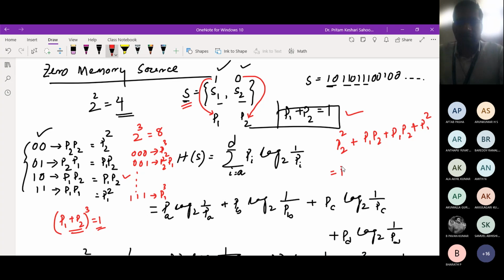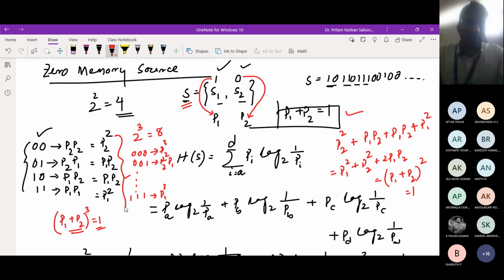So this equals P1 square plus P2 square plus 2 P1 P2, which can be written as P1 plus P2 whole square. Since P1 plus P2 is equal to 1, the square of 1 is 1. So that also verifies that the sum of all probabilities equals 1, whether we do the second extension, the third extension, or the nth extension.